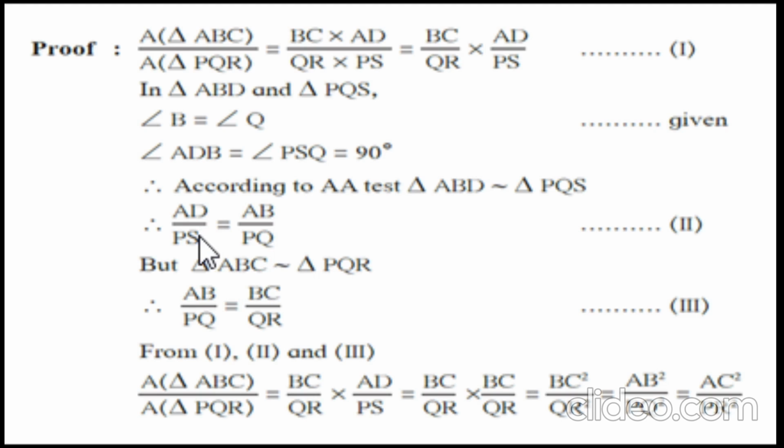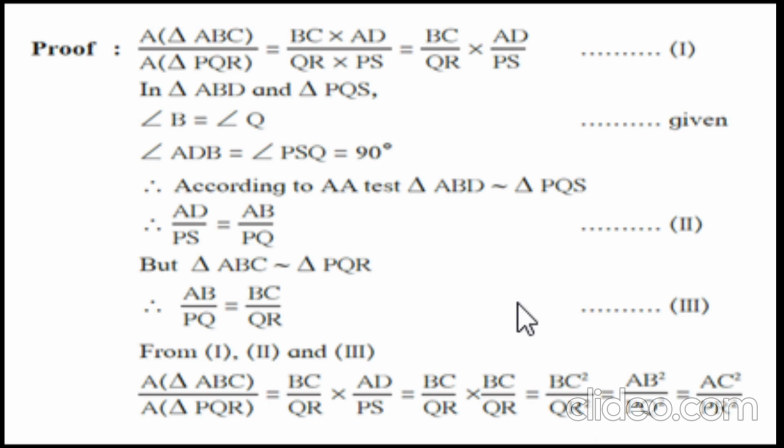Therefore AD upon PS is equal to AB upon PQ, and AB upon PQ is equal to BC upon QR. The right hand side of point number 2 is equal to the left hand side of point number 3. Therefore the left hand side is equal to the right hand side. So AD upon PS can be written as BC upon QR in equation number 1. So BC into BC, BC square, QR into QR, QR square.